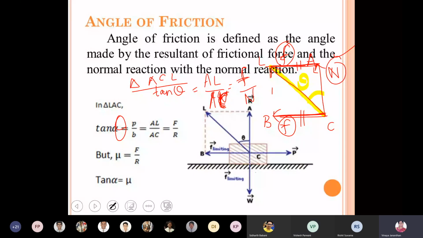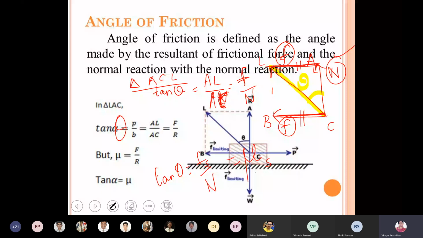So tan theta becomes equal to F upon N. And you know F upon N is your coefficient of friction. If you take this as static frictional force, this becomes the coefficient of static friction.